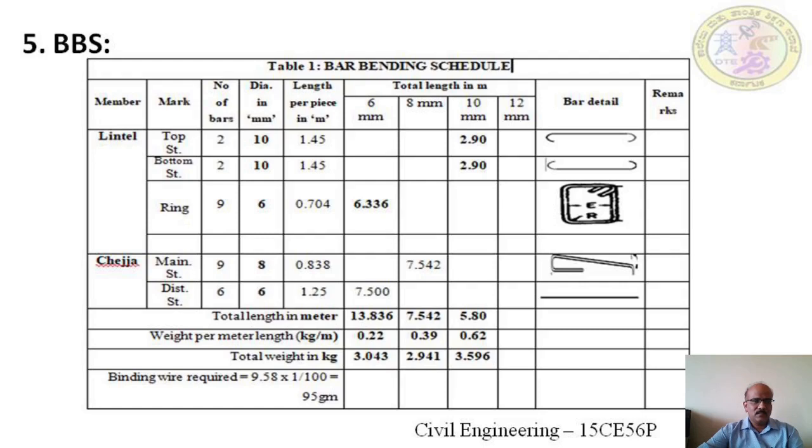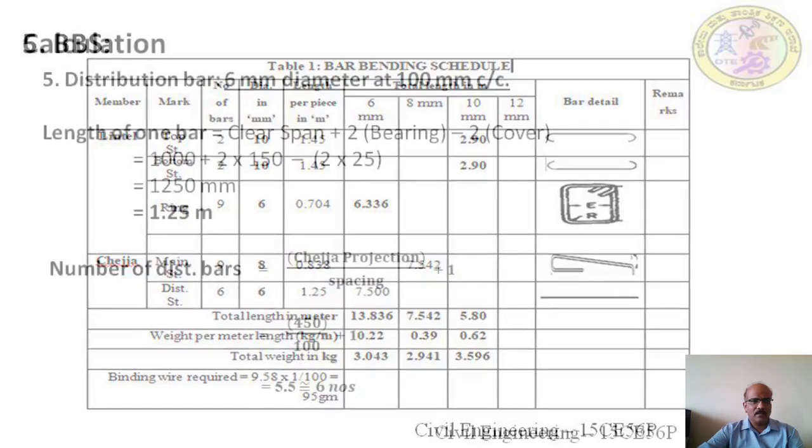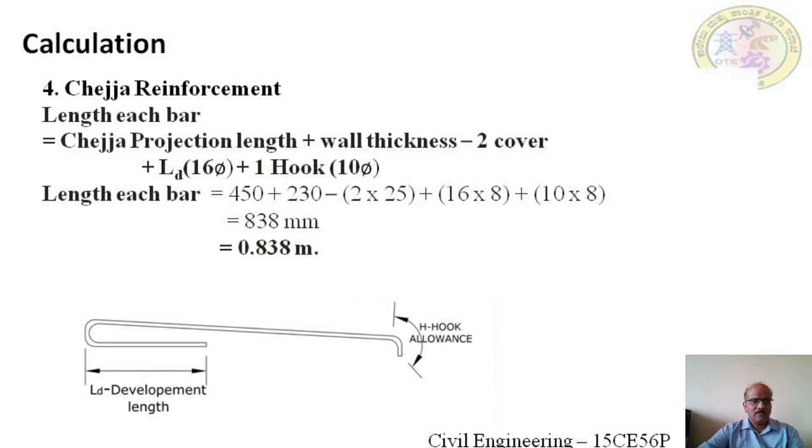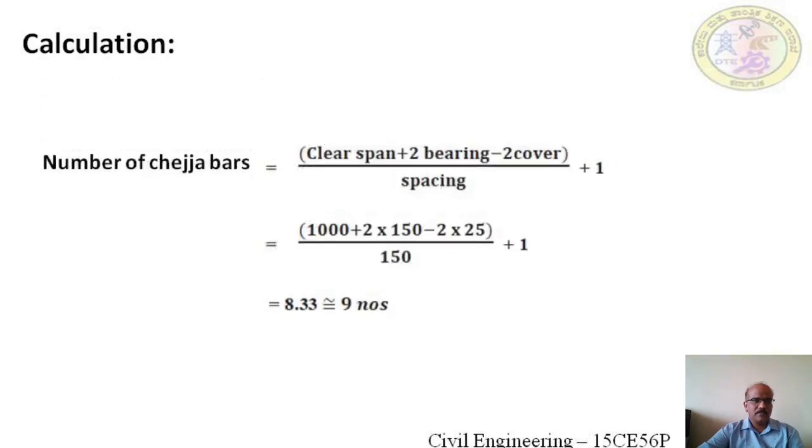Once the lintel is over, then we'll move on to the Chajja main steel, that is nine numbers. We will go to the previous slide and look at the Chajja main bar cutting length. The main bar cutting length is 0.838 meter. This is the Chajja main steel. The number of Chajja bars required are 9 numbers.